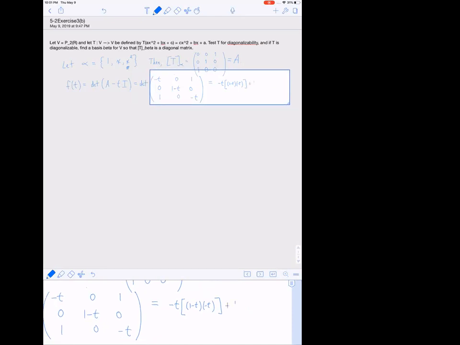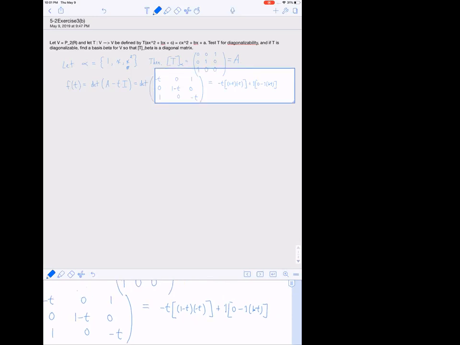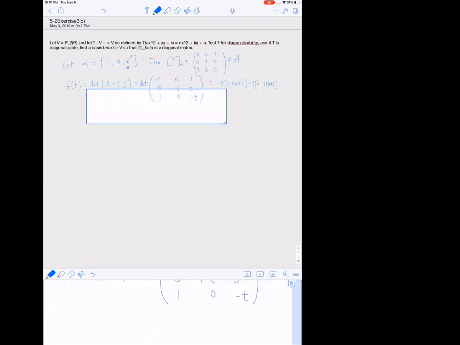And then it would be plus 1 times the determinant of the resulting submatrix, which would be 0 minus 1 times 1 minus t, minus sign there. And well, then we'd be in a slightly tougher spot because this doesn't look like it factors nicely. At least it's not in a factored form.